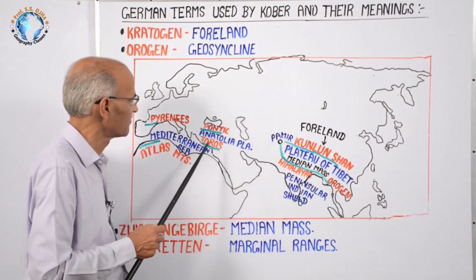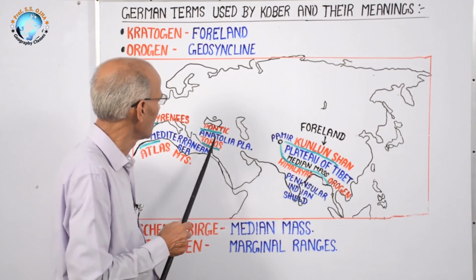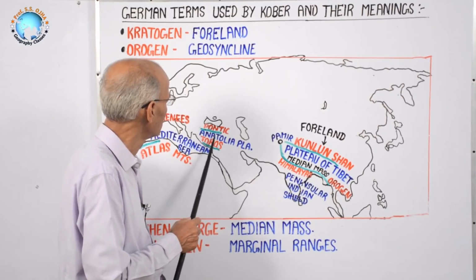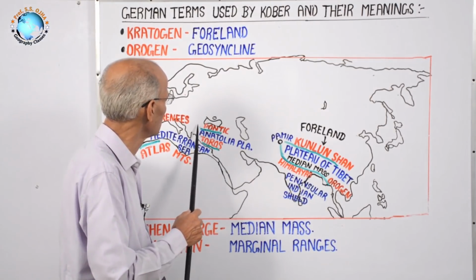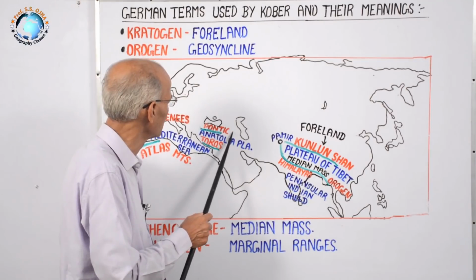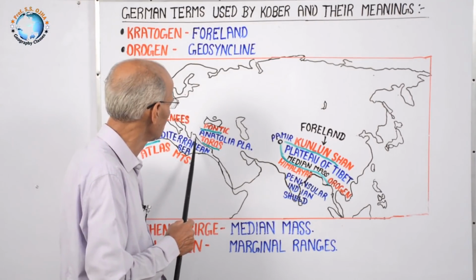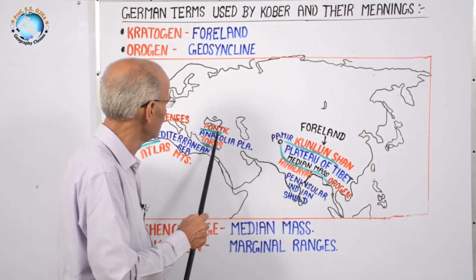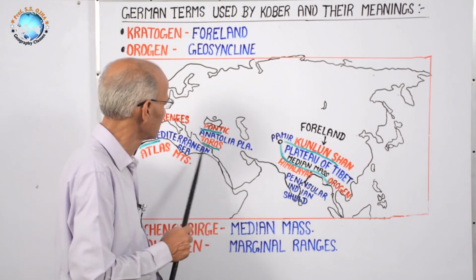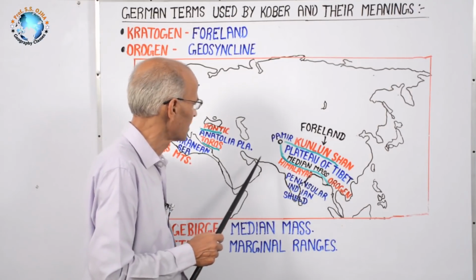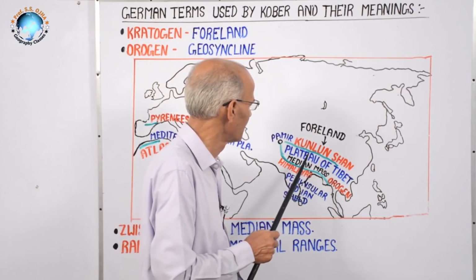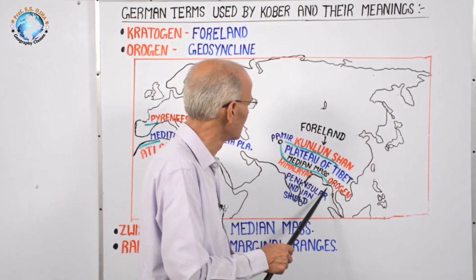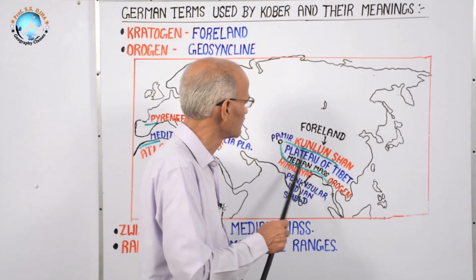The second example KOBER gave of median mass is the Anatolia plateau, and to the north of the Anatolia plateau is Pontic, and to its south is the Taurus mountain. These are also folded mountains extending in a northeast direction. The third very important example KOBER gave was the Himalayas mountain and Kunlun Shan.